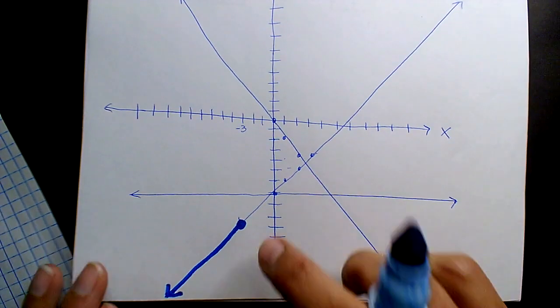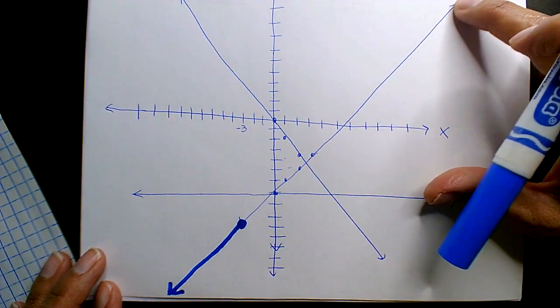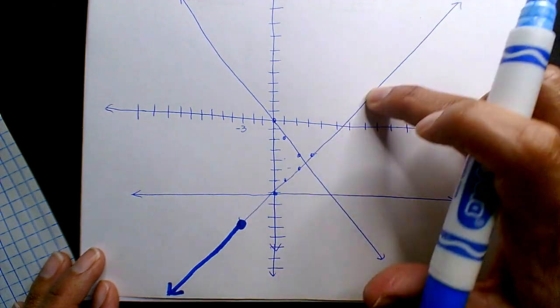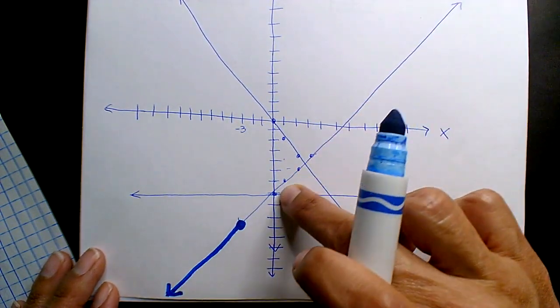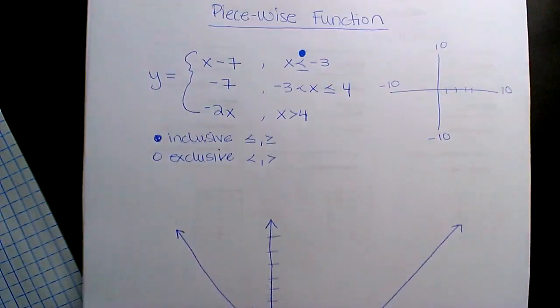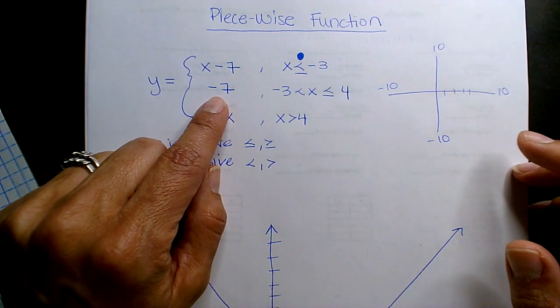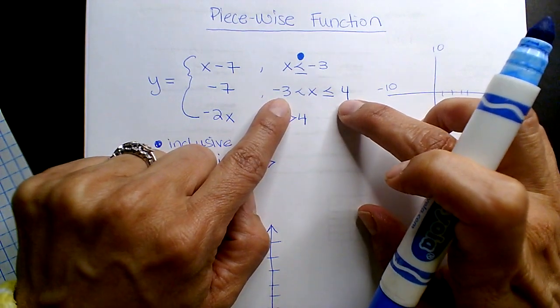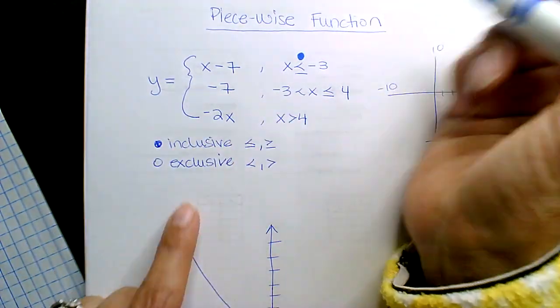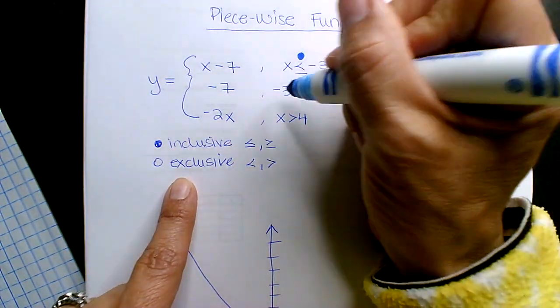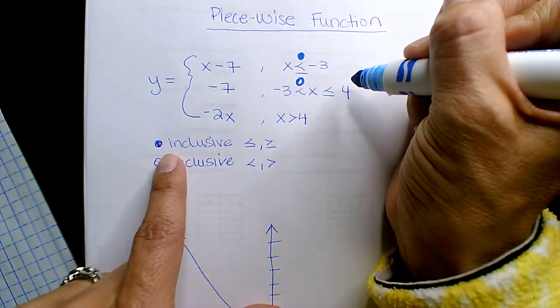Okay, so really none of this should exist. This is not part of the piecewise function, so this is all extra that I don't want to see. All right, the next one is the horizontal line negative 7, which should only be graphed according to the restriction negative 3 to 4. Negative 3 doesn't have the equal to, it's exclusive, so it should be an open plot.